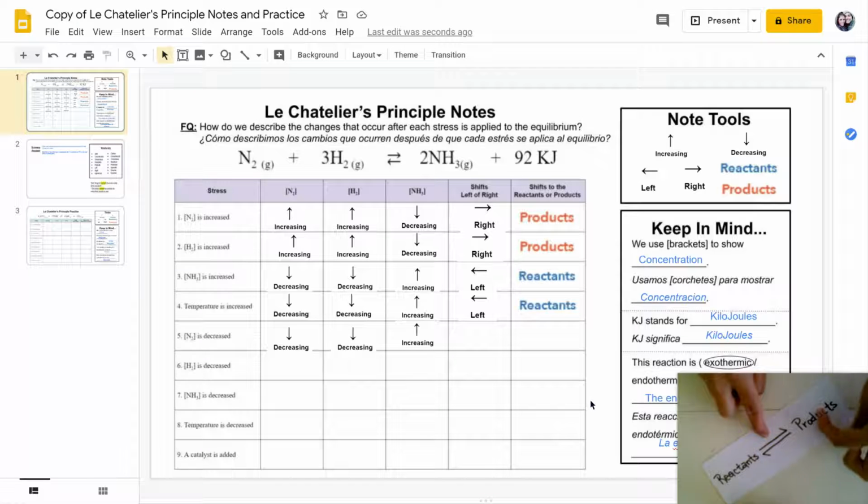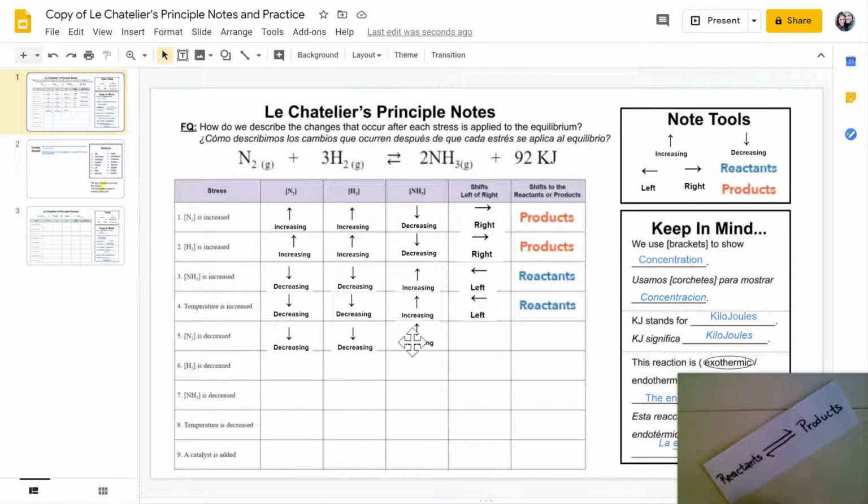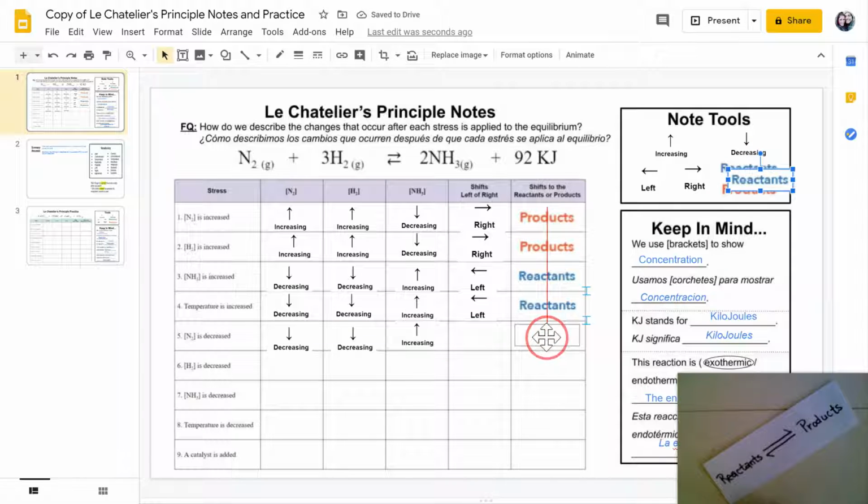The products increased. So using our little manipulative showed that we were right in following the opposite of number 1. So if we continue with that, what's the lowest part? Reactants. So we could say that it is shifting towards the reactants, and we know that the reactants are once again to the left of our reaction.